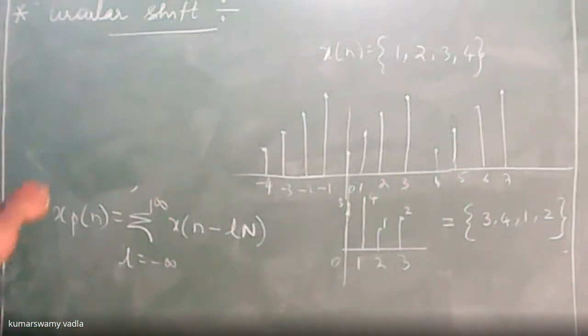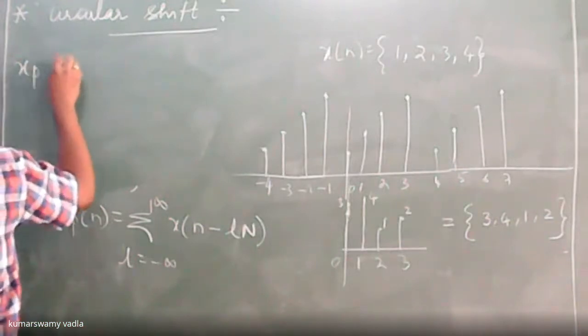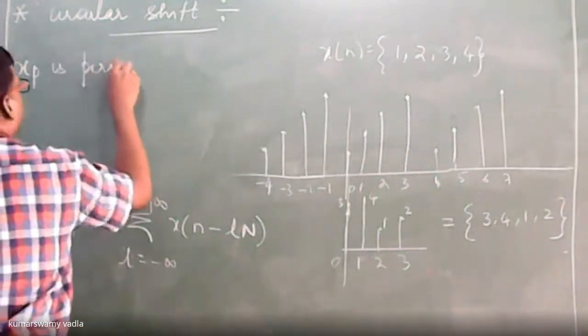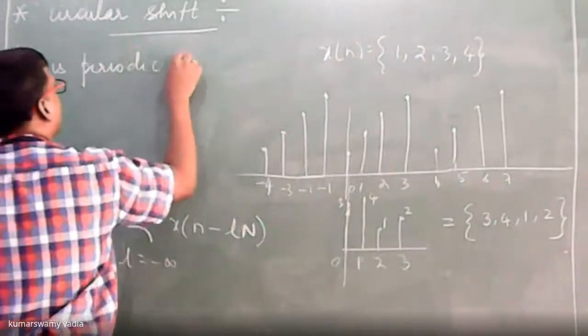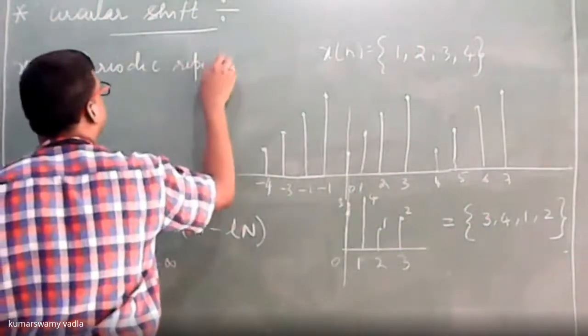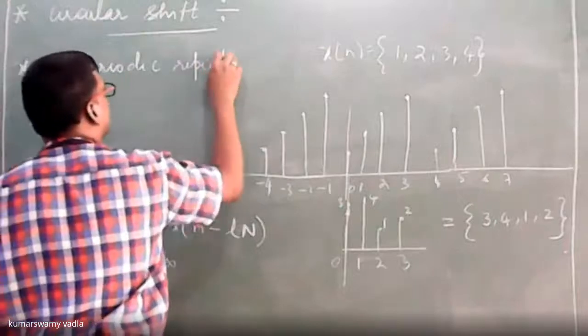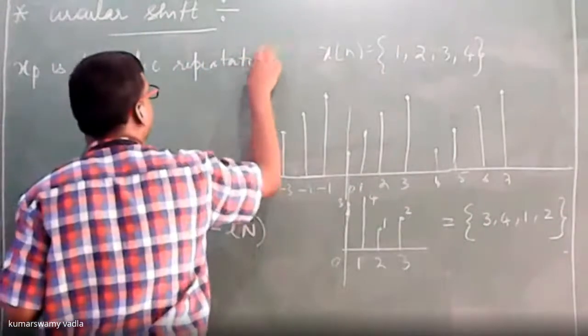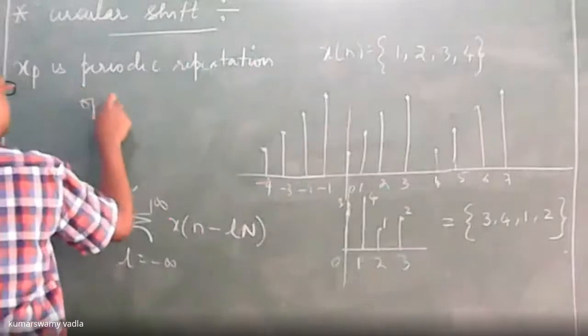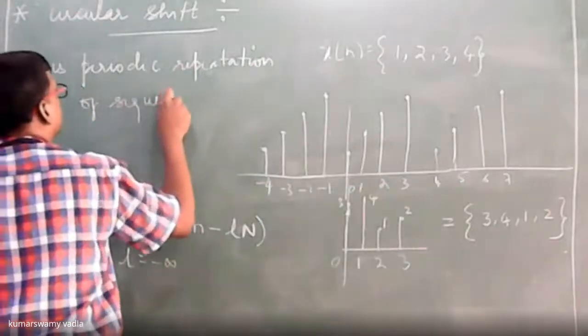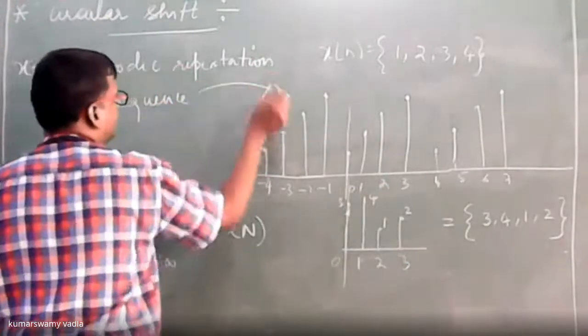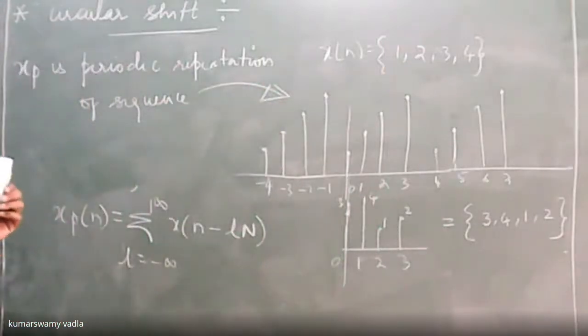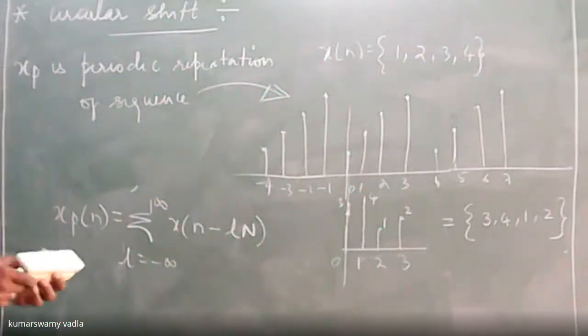Next line, where xp is the periodic repetition of sequence. You note down this. Periodic repetition of sequence.